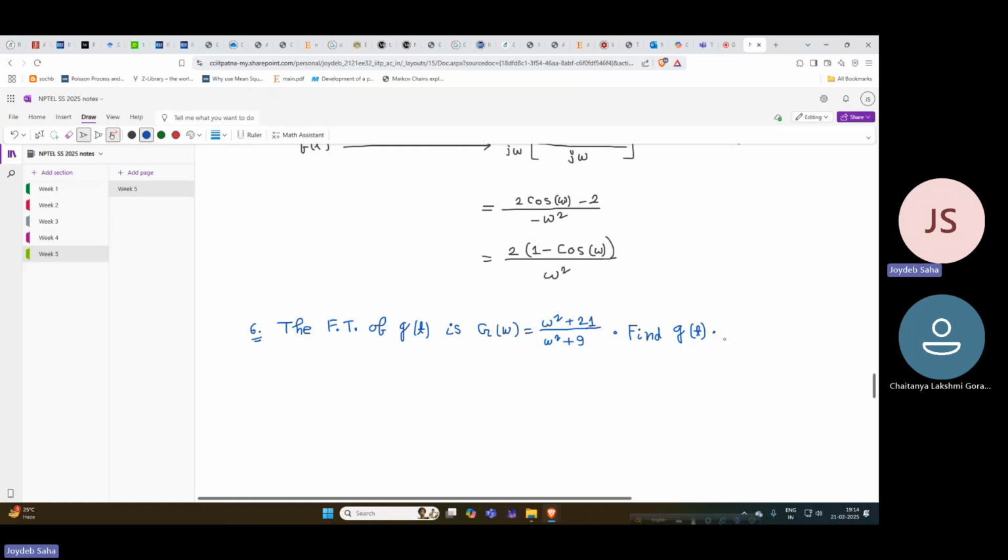Try to solve. We have to find small g of t.